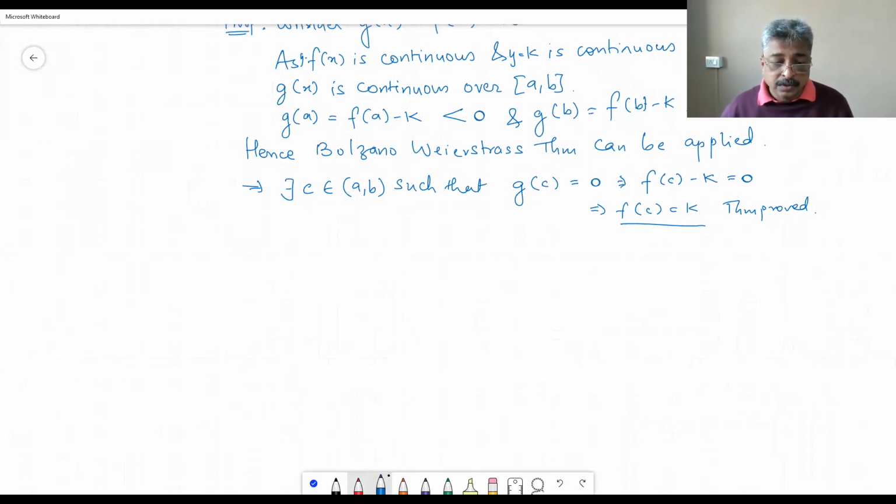Sixth, we have to understand the meaning of the sign of the derivative at a point.